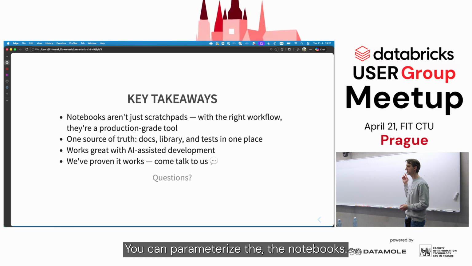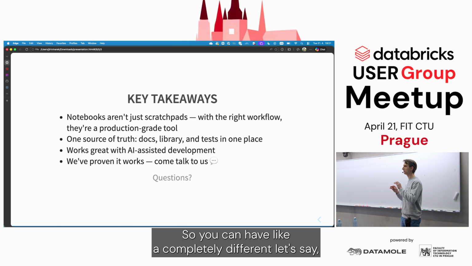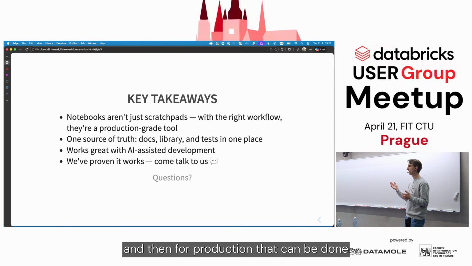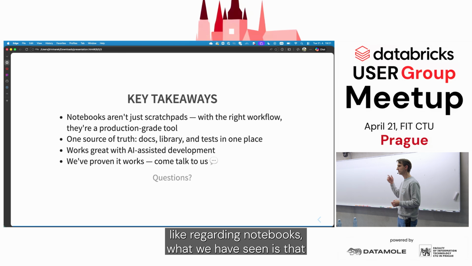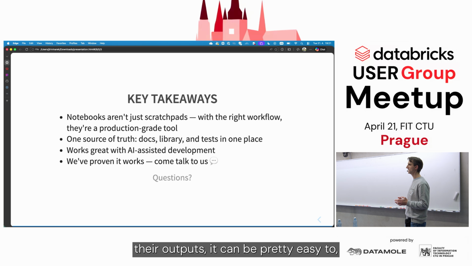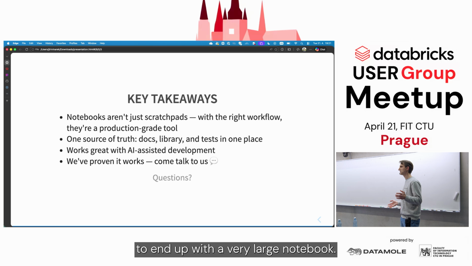You can parameterize the notebooks. So you can have a completely different cluster configuration that will be used for development and then for production. That can be done. Regarding notebooks, what we have seen is that because you often want to version control not only the cells but also their outputs, it can be pretty easy to end up with a very large notebook.